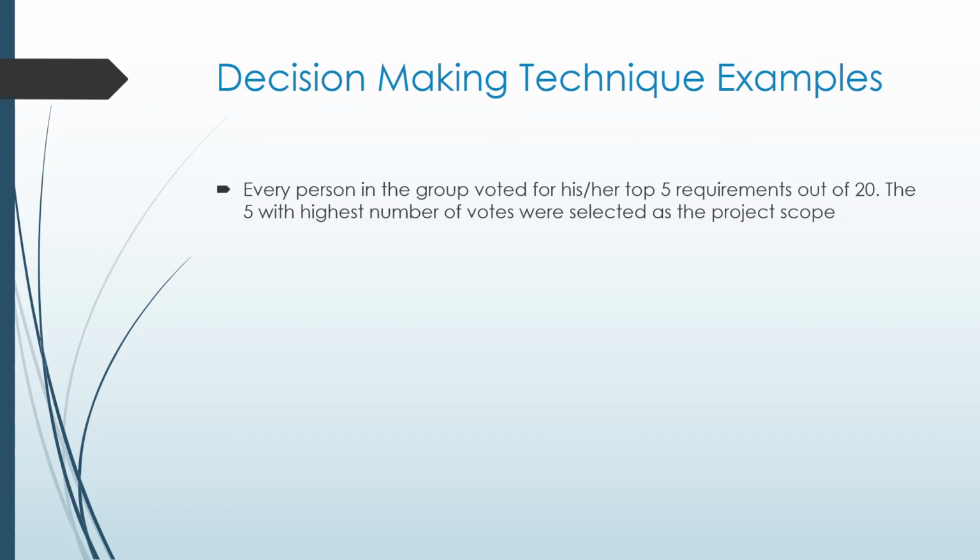The capacity of the project was to accept 5 requirements. There were 20 requirements on the table. Every person in the group selected his or her top 5 requirements that they wanted to see in the project. The top 5 requirements that received the highest number of votes were selected as part of the project scope.